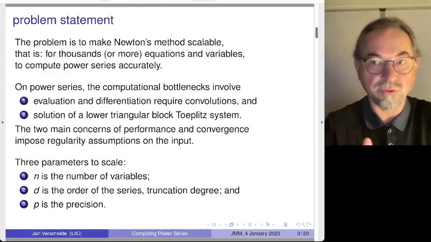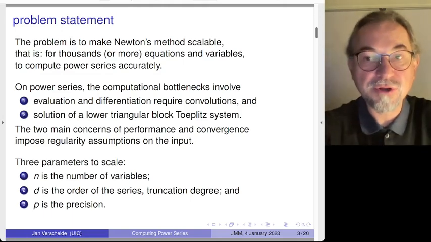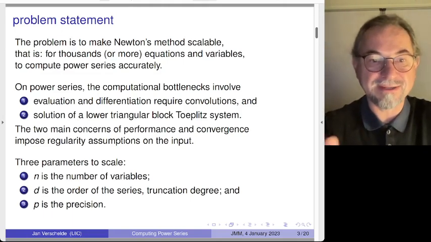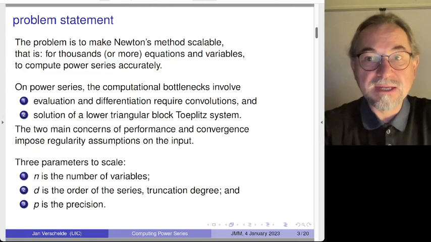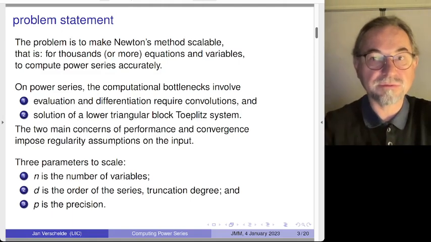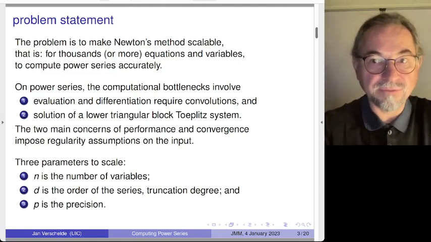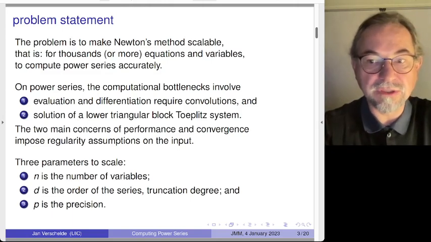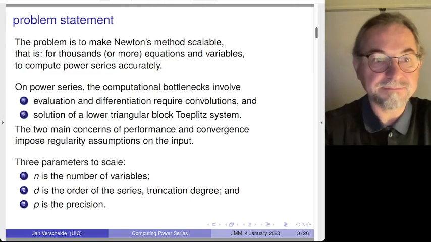So we do not work with series that go on forever. We truncate at some spot. And then we must use extended precision, so we can also see what happens when the level of precision doubles. What happens to the overhead?